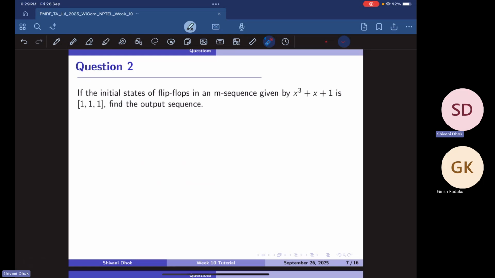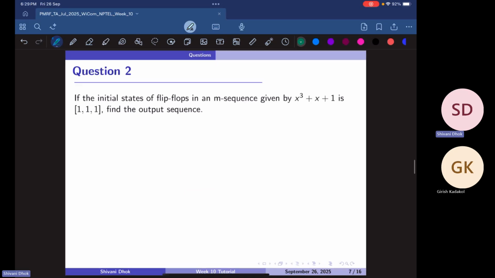Okay, so this is the next question. It says that if the initial states of the flip-flops in an M sequence given by the polynomial x cube plus x plus 1 is 1, 1, 1, find the output sequence.